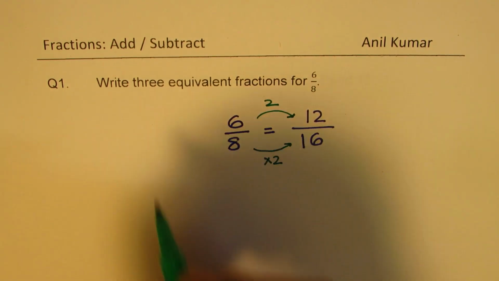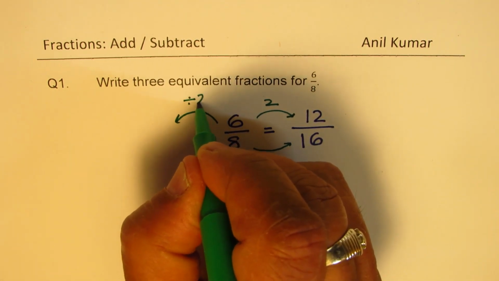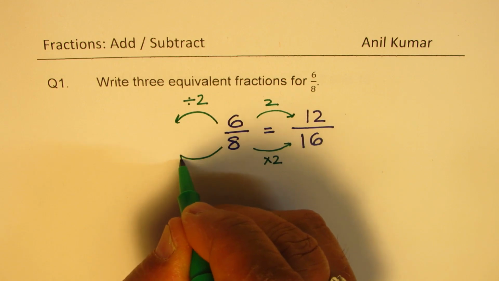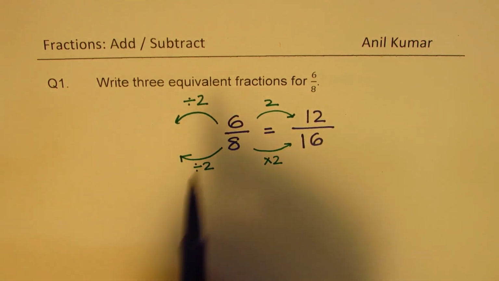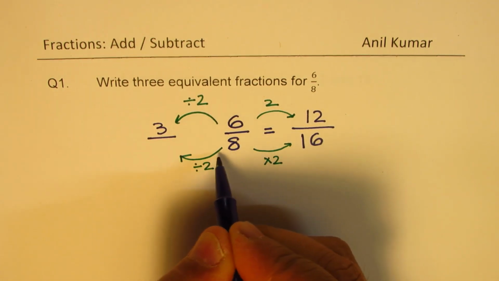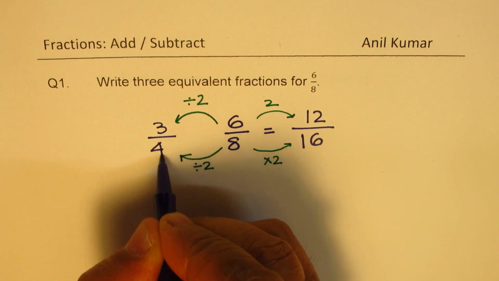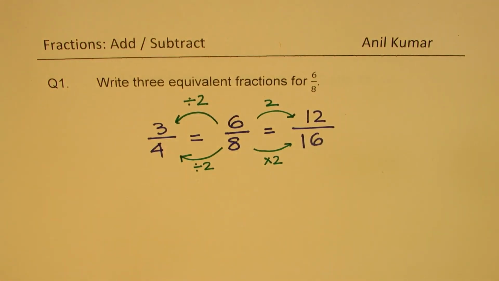Well, we could even divide, right? So we could even divide by the same number in this particular case. And when you divide, in this case, you get 6 divided by 2 as 3 and 8 divided by 2 as 4. So 3 by 4 is also equivalent to 6 by 8.